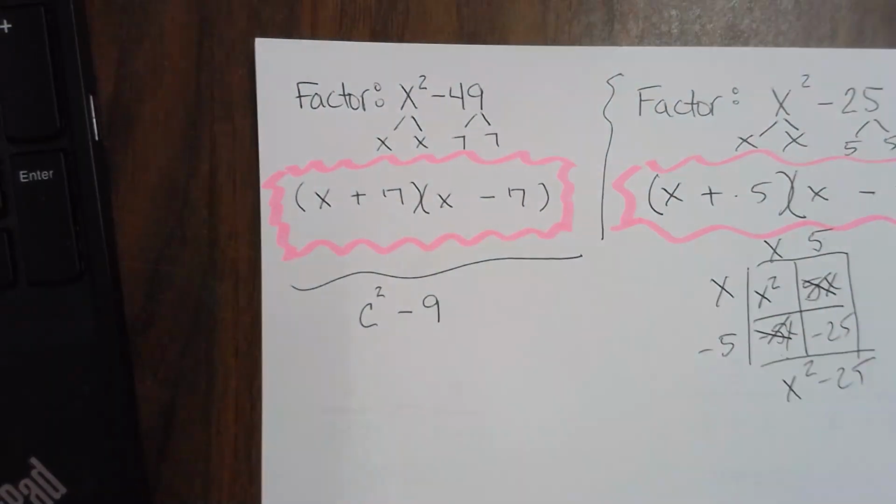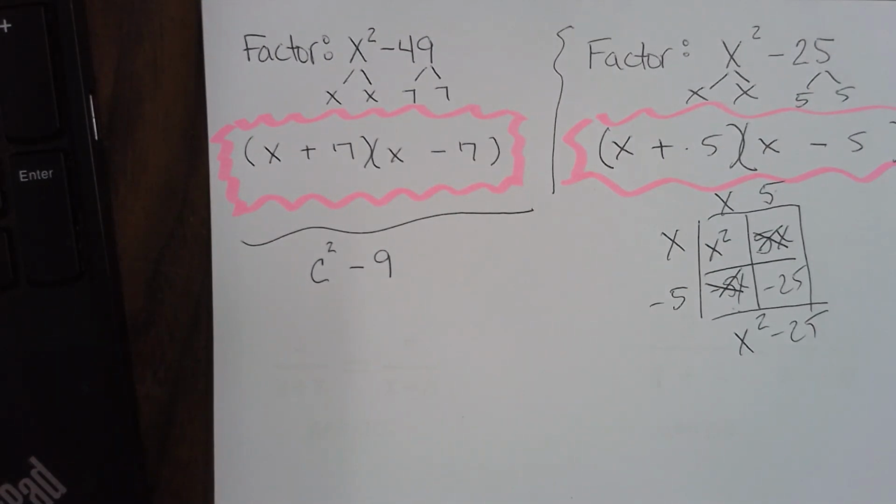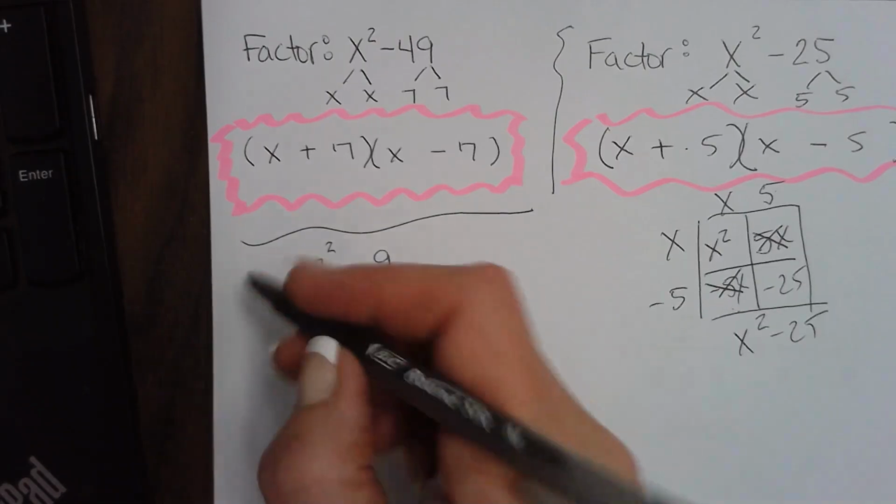All right. Another one for you. C squared minus 9. Need you to factor that.